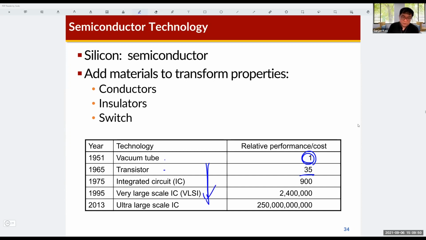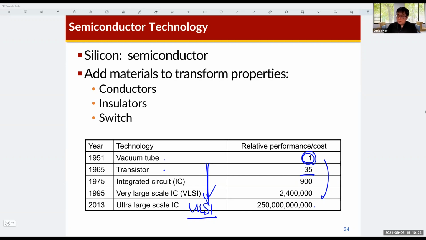Then in 2013, the ULIC, sometimes it's called the ULSI, ultra large scale integrated circuit. If you see the relative performance per cost, it's very high. It's much higher than the first component, like the vacuum tube.